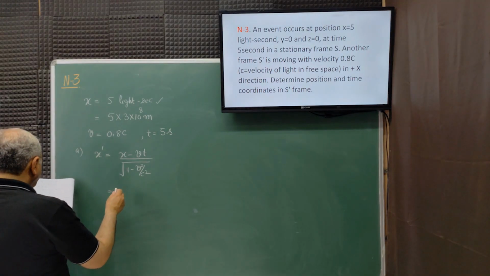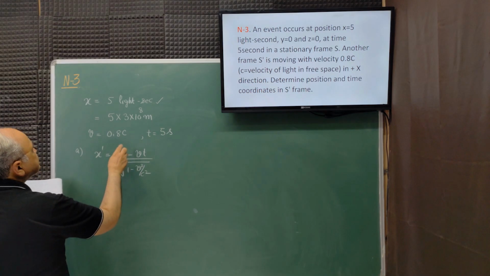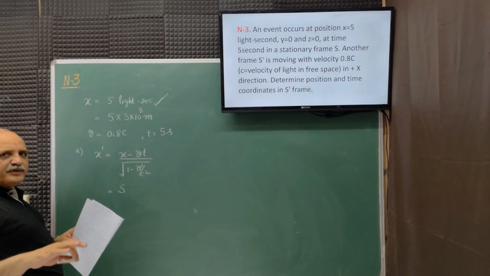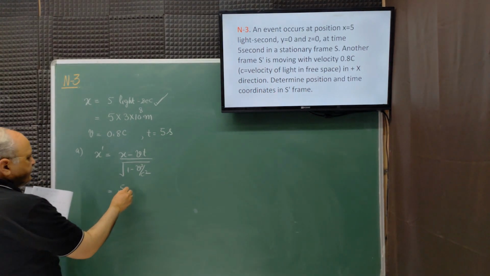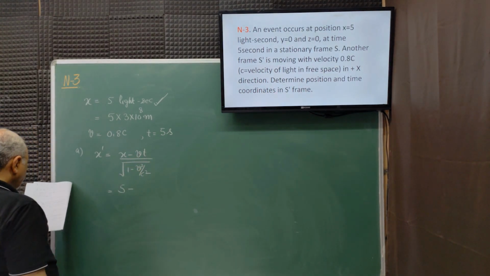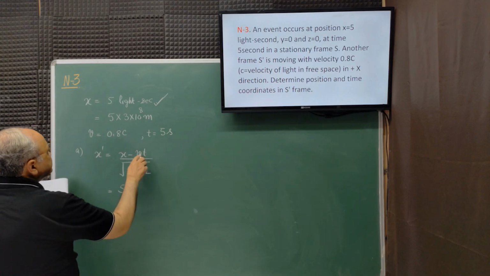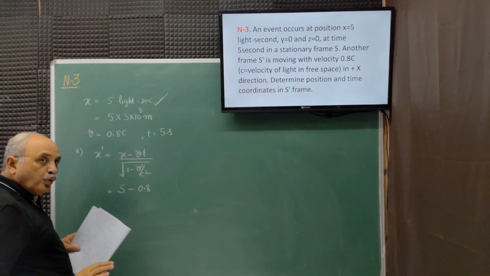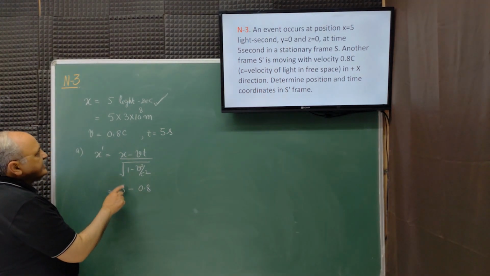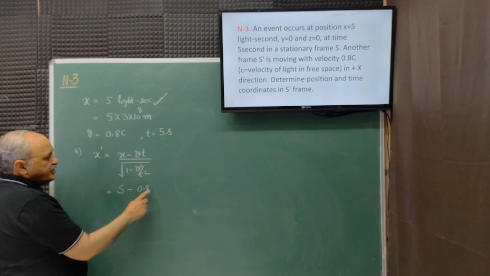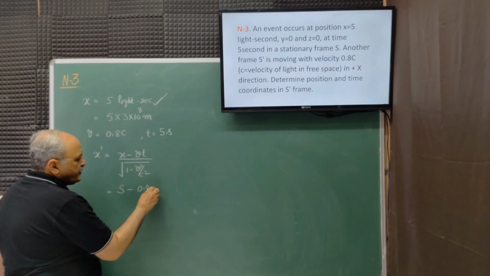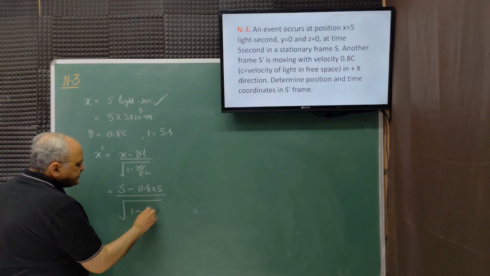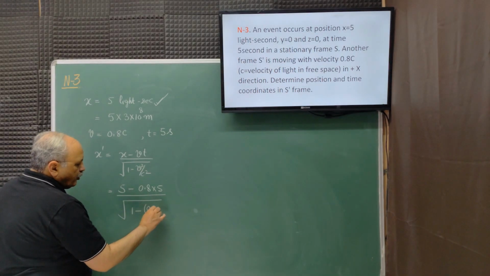So x here is 5 light second. I am using this unit, so I express my final answer in the same unit. For the velocity of the frame, we keep it 0.8 only, because I have not taken the c in this case, so I should not take the c here too. So multiply it by 5, under root of 1 minus 0.8 whole square.